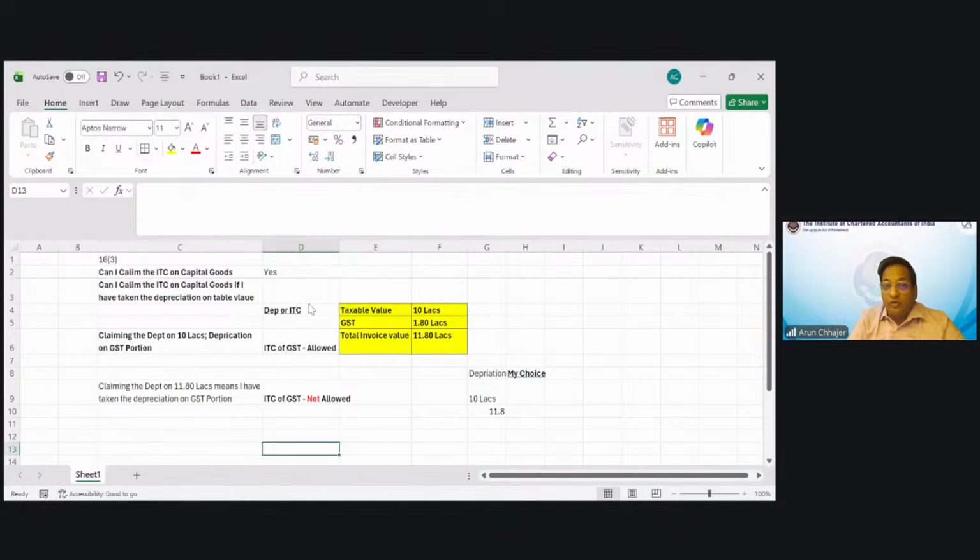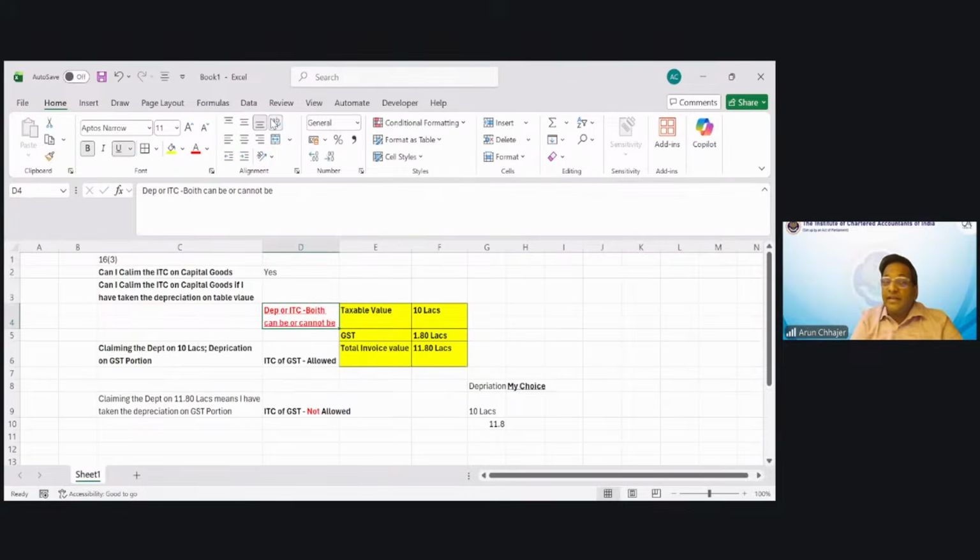So this statement is incorrect. Depreciation and ITC both can be allowed or cannot be. It depends upon which part, upon whether you have claimed the depreciation on taxable value or on total invoice value.